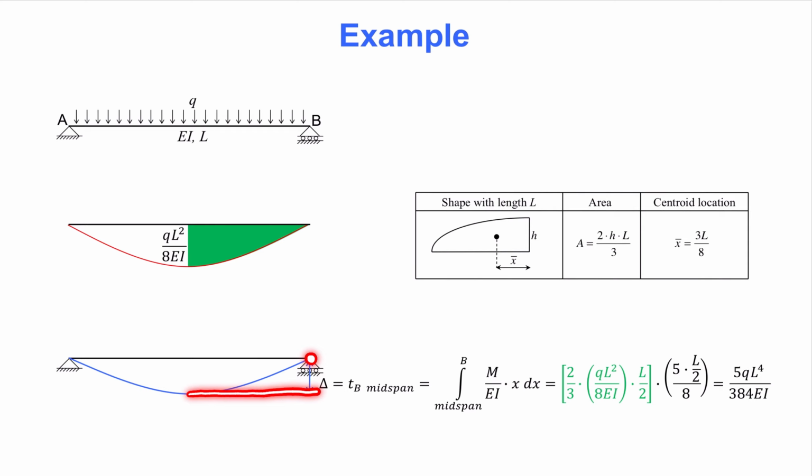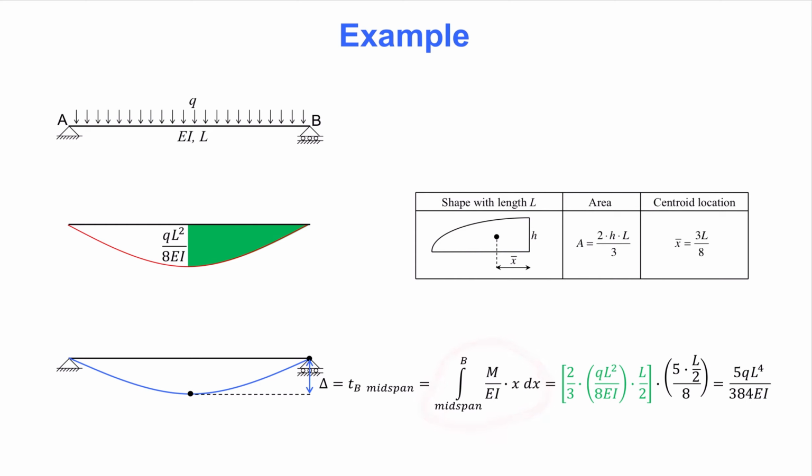That distance is a tangential deviation. In terms of notation, the first subscript of a tangential deviation marks the location where we are calculating the deviation. The second index identifies the location where the tangent line comes from. The value of the tangential deviation is always the value of the integral between those 2 points.